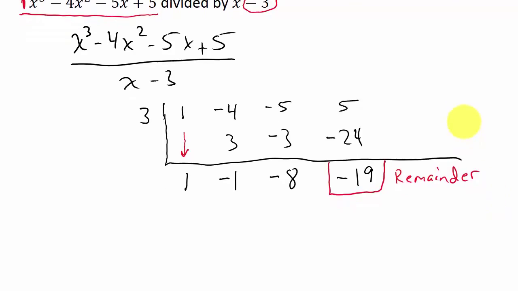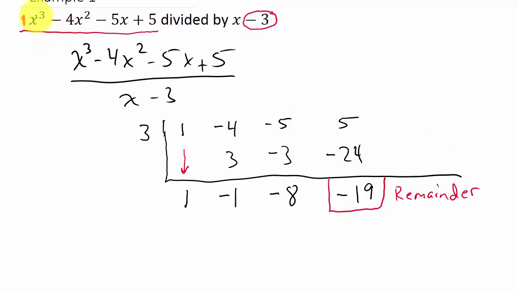Alright, so now our solution to this polynomial divided by x minus 3. Notice here how it started out with an x cubed, so this one is going to start out with an x squared. It would look like this: 1 times x squared minus 1 times x.